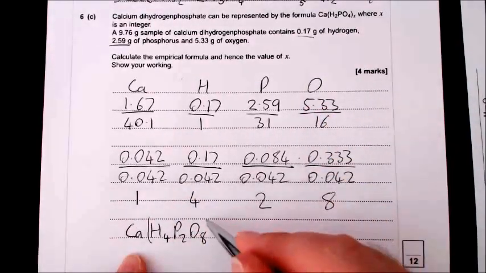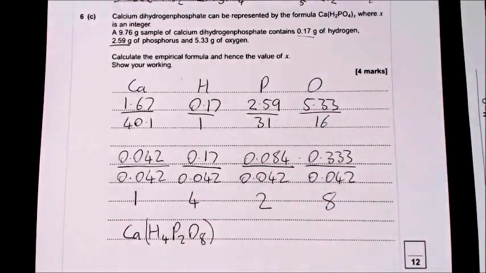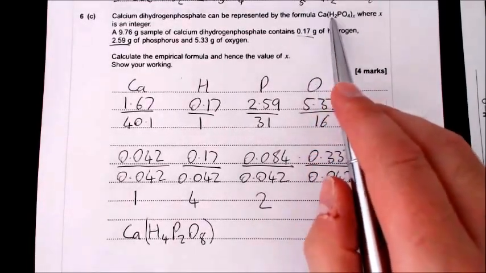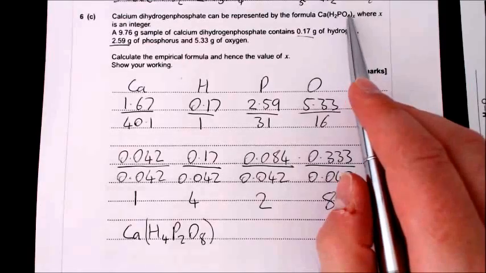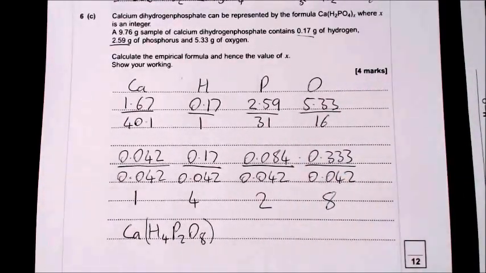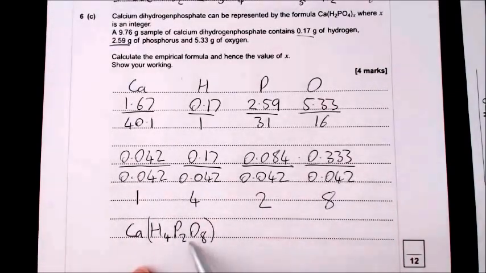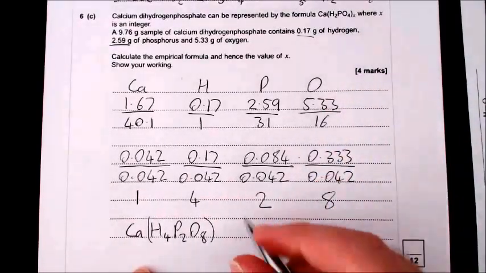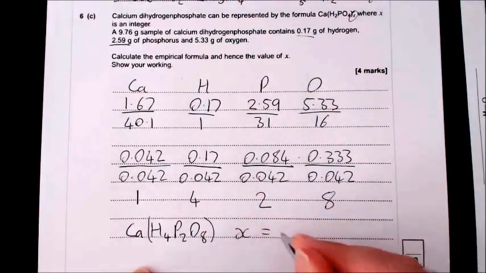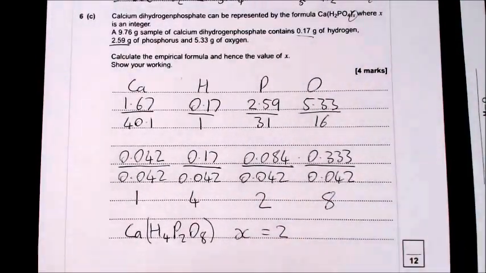If I segregate that and put it into a bracket, normally hydrogen phosphate is H2PO4, but here we've got H4P2O8, so effectively we've doubled this compared to the original one. Therefore the value of X will actually equal 2, because we've got double the amount.